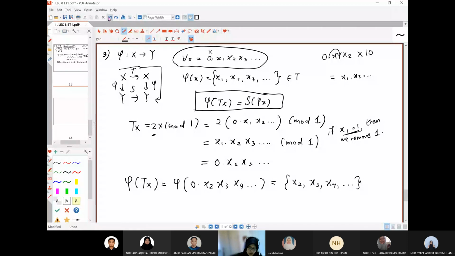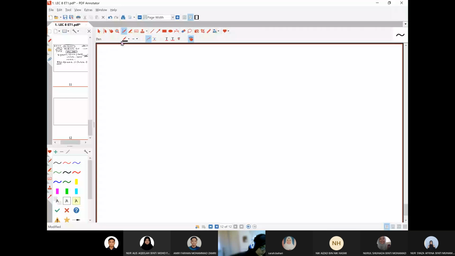Okay. So now you have the left hand side. So now you want to show the right hand side. So for the right hand side, again, you know that phi of x is what?